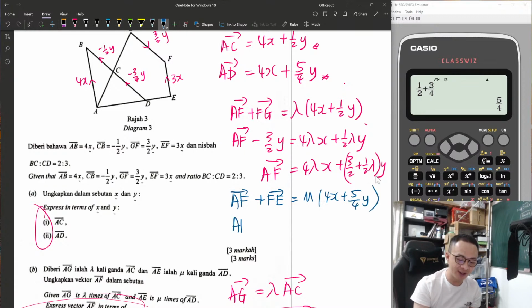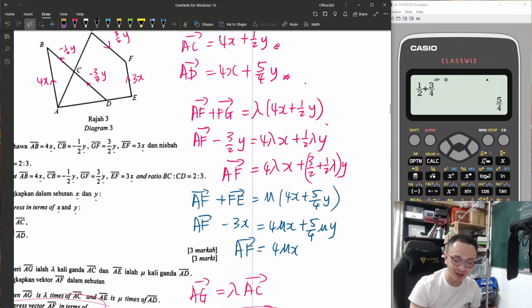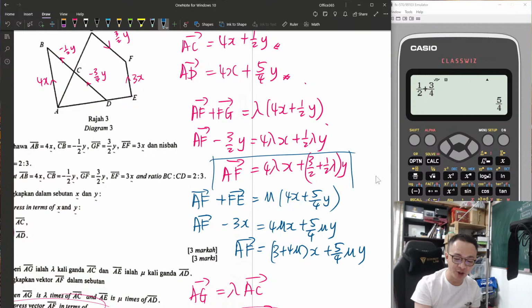So this is AF, and this one is minus 3x. Then it equals 4 mu x plus 5 over 4 mu y. So I get my AF now: 4 mu x plus 3x, so (3 plus 4 mu) x plus 5 over 4 mu y. Done. These are the two equations we need here.